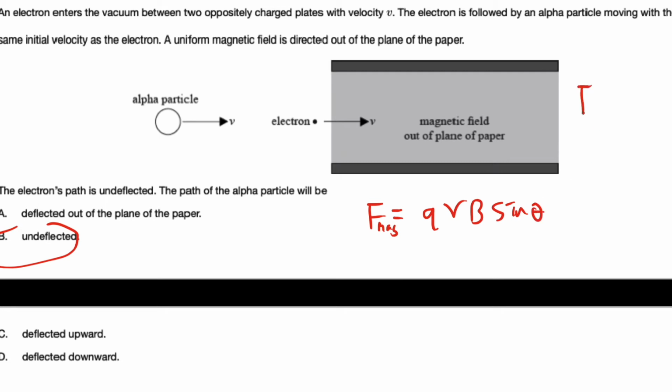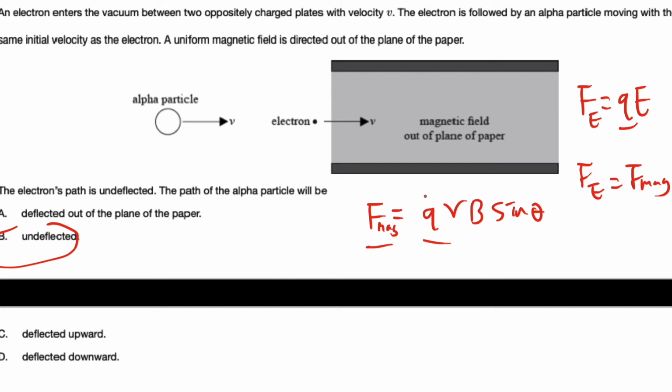And force due to the electric field is equal to charge times electric field. The electron is a negative charge, and it remains undeflected. The force due to the electric field must be equal to the force due to the magnetic field, and those two forces point in opposite directions because the charge is negative, right? So they will be pointing in opposite directions.